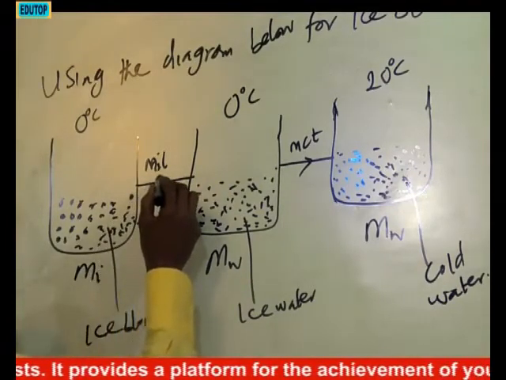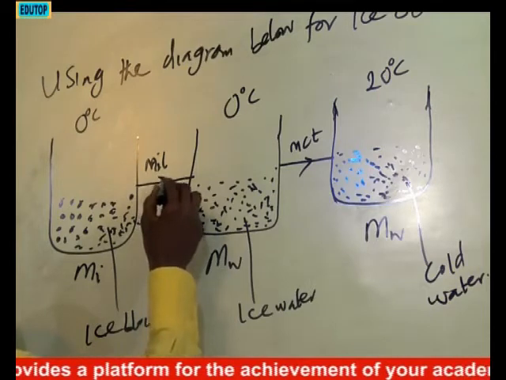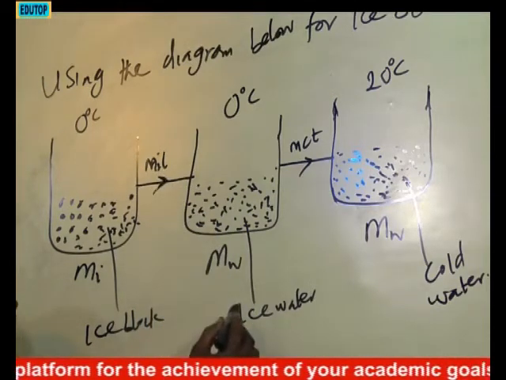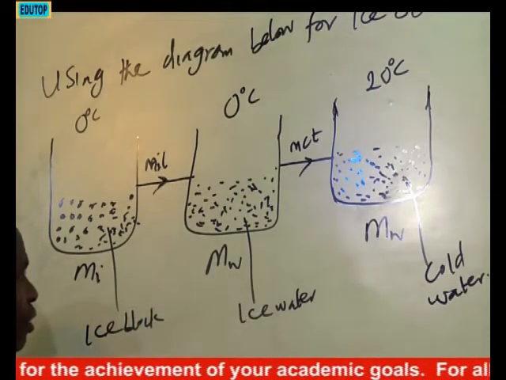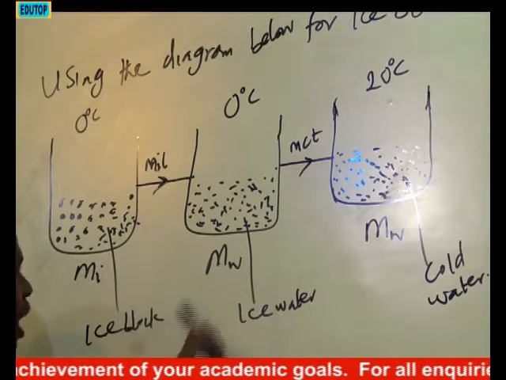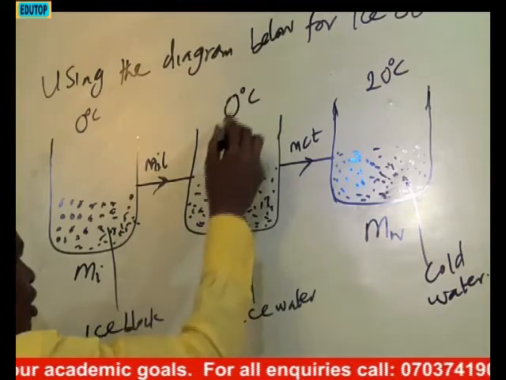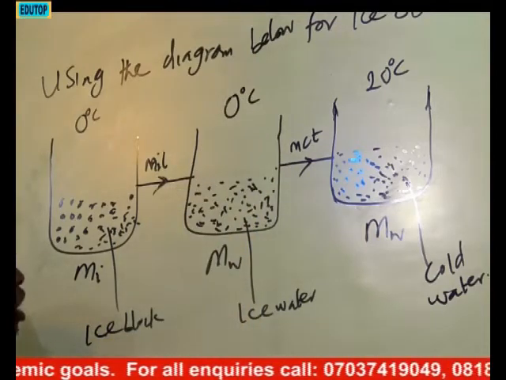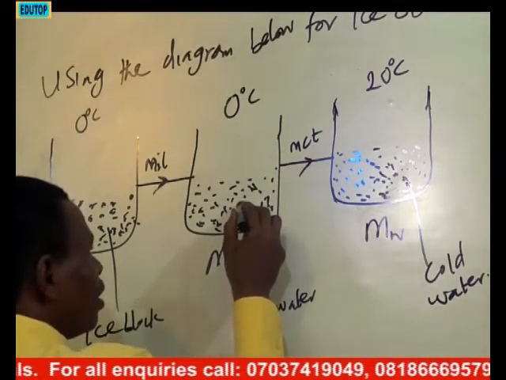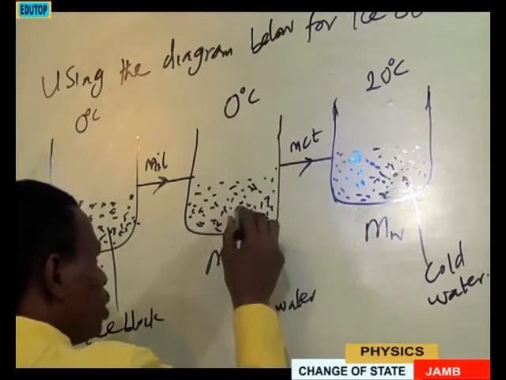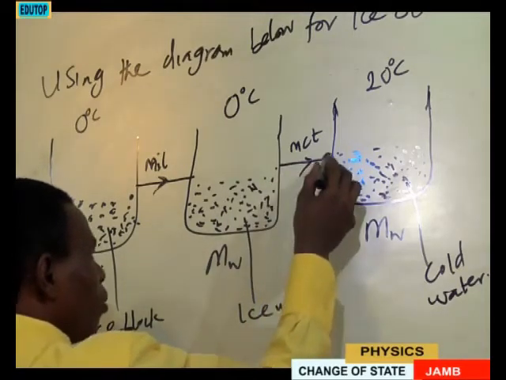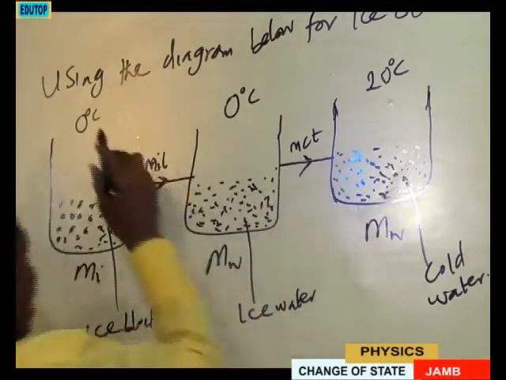By the time this ice block is melted, it dissolves to ice water. This is the mass of water, still at 0 degrees Celsius.